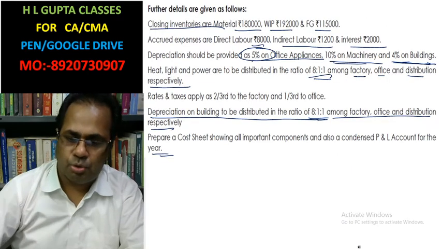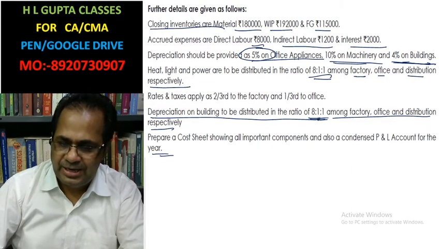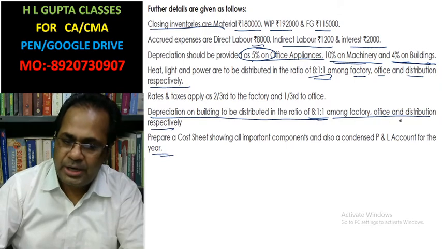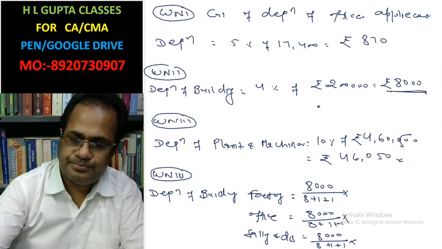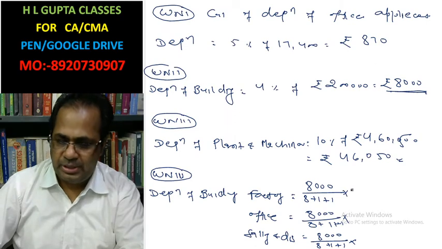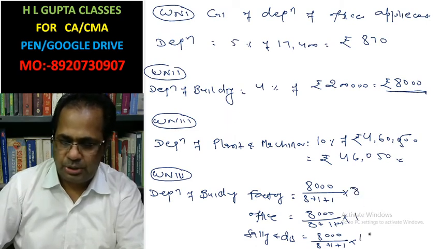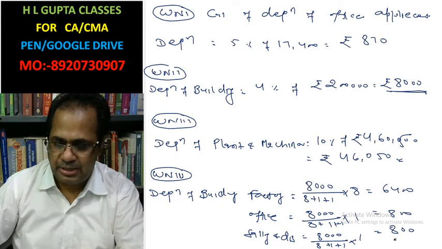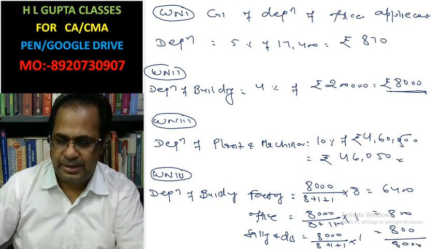What is the ratio? Factory 8, office 1, distribution 1. So 8:1:1 gives 6,400 for the factory, 800 for the office and 800 for distribution. This is 800, and this is your 8,000.